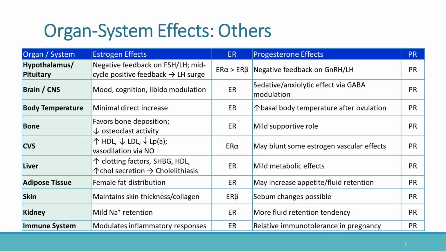Progesterone also increases basal body temperature after ovulation. In bone, estrogens inhibit osteoclast activity and preserve bone density. In the cardiovascular system, estrogens generally increase HDL and reduce LDL cholesterol. However, estrogens also increase hepatic synthesis of clotting factors, contributing to thromboembolic risk.